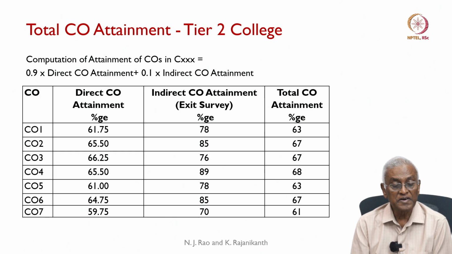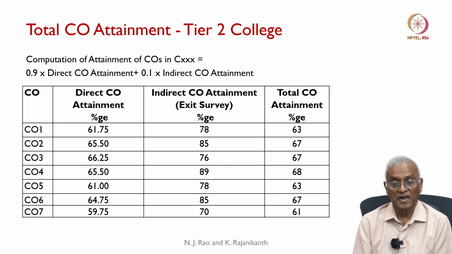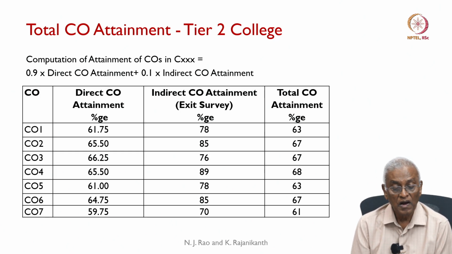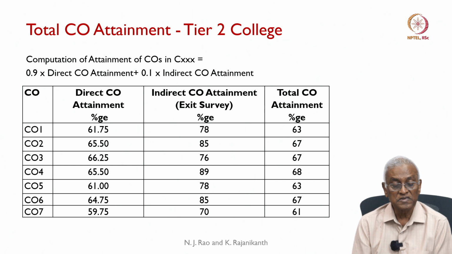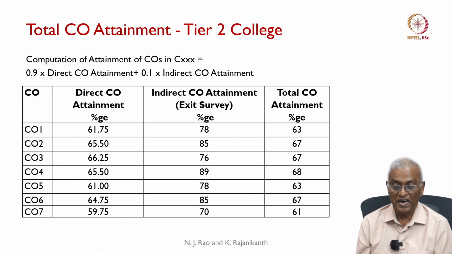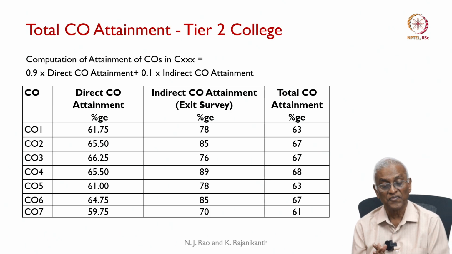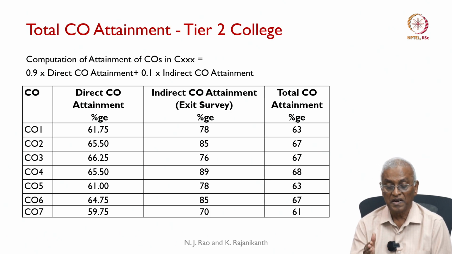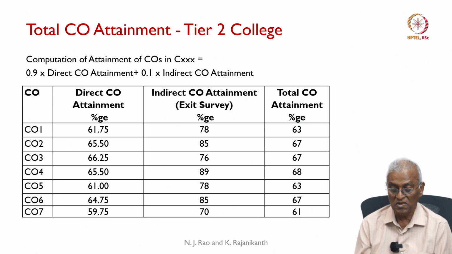And then I combine it with indirect attainment, same 10% weightage we give, and then finally come with CO attainment in a tier 2 college. As you can see, because I am using the same percentage of SEE for all, it kind of comes closer and closer to the same number.